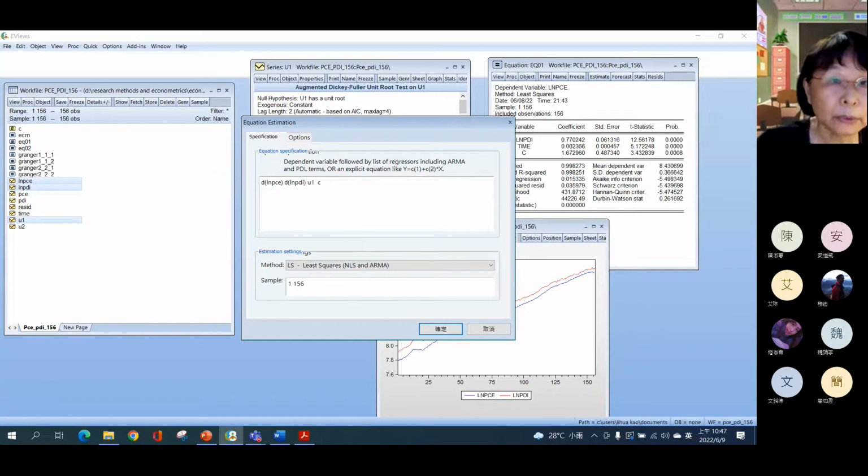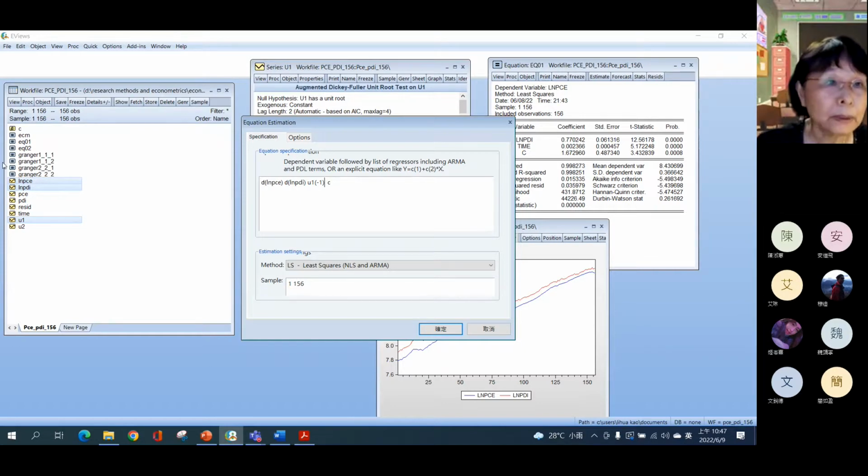It's already doing the differences. And what do we do for the residual? The first lag. So what we do is -1 here. Okay, this is how we run the error correction model.